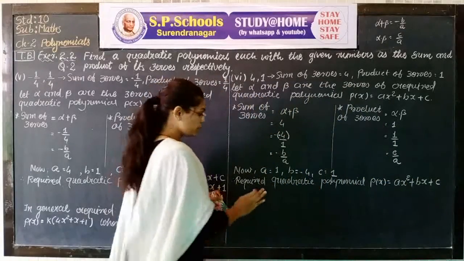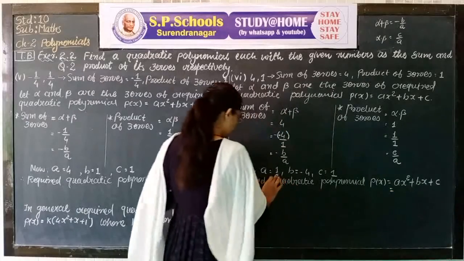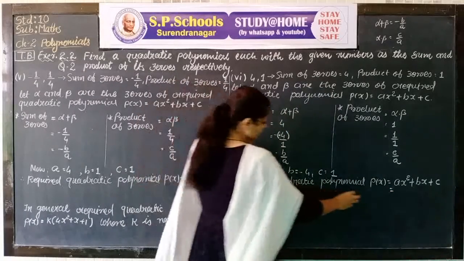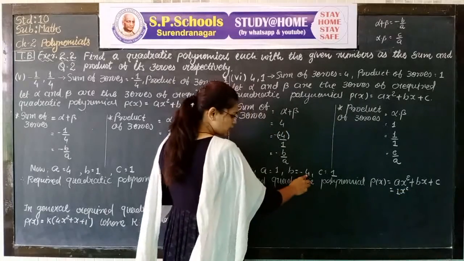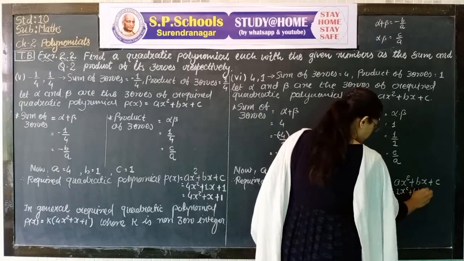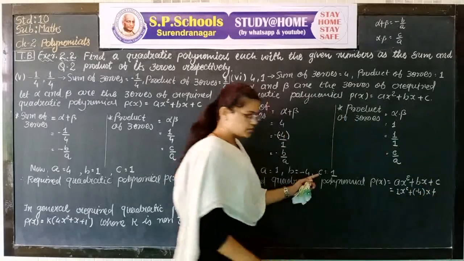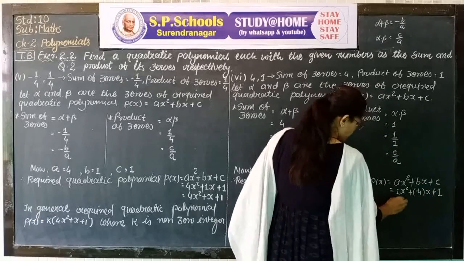Now we substitute the values of a, b and c in this standard form. Instead of a is equal to 1, here is a 1, x square as it is. Instead of b is equal to minus 4, it is a minus, then put into a bracket minus 4x, and instead of c is equal to 1. Now we simplify it.